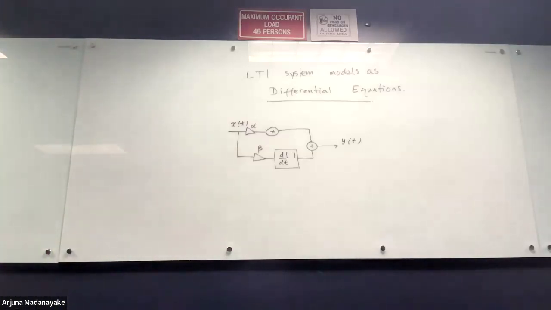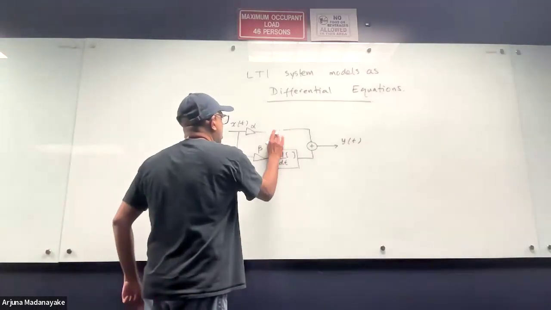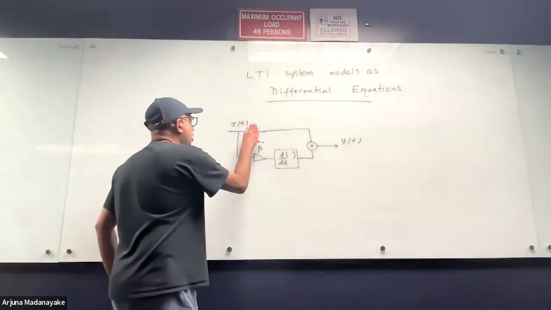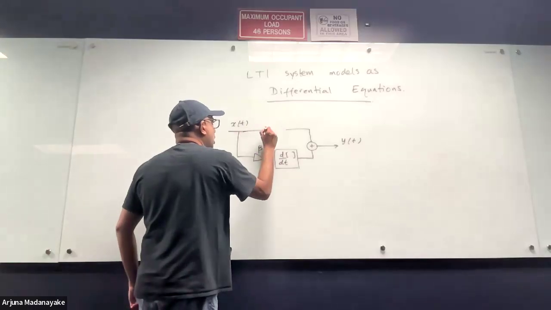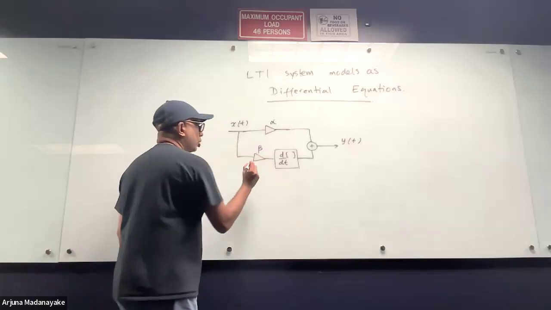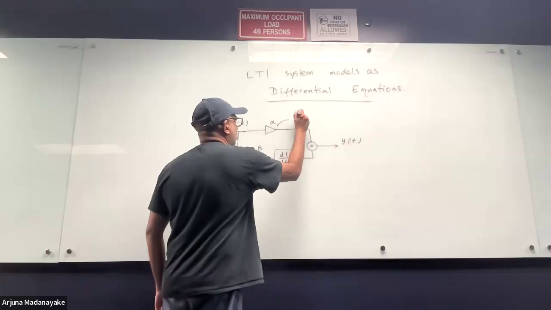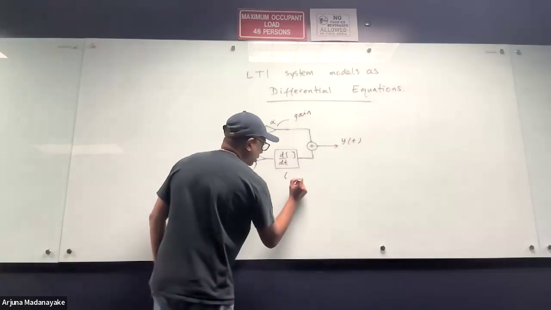So we have two signal flow graph branches. Let me redraw it in a clearer way. So these are gains, alpha and beta, and this is a differentiator.